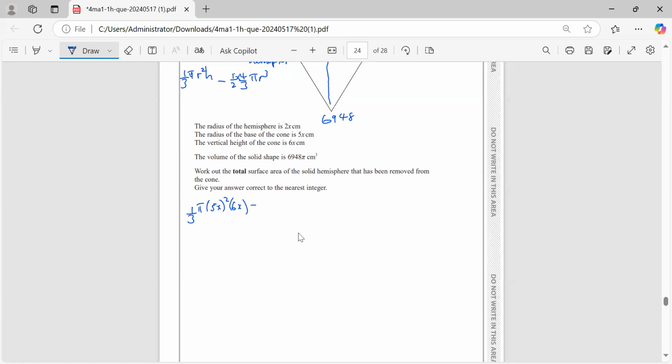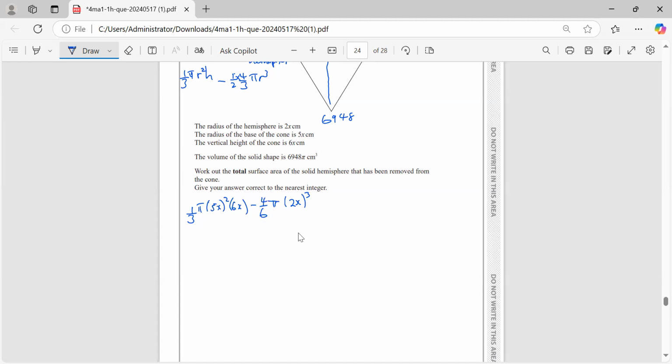So that's going to be 4/6 pi r cubed, right? The radius is 2x, and then we cube that.